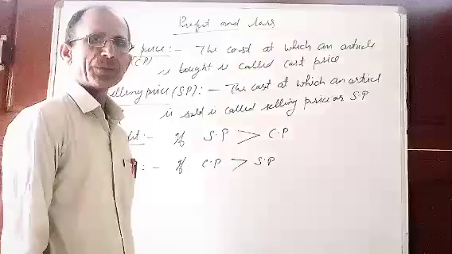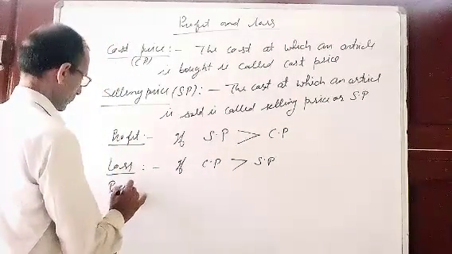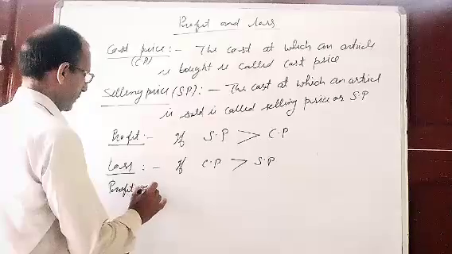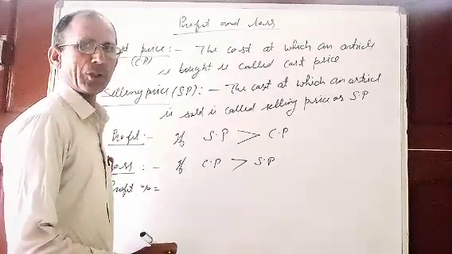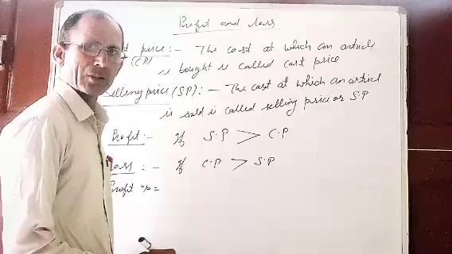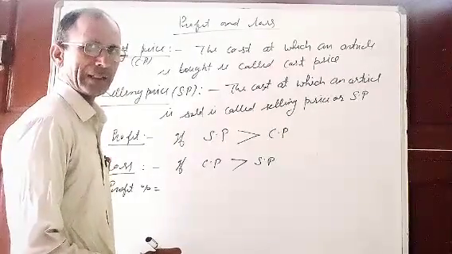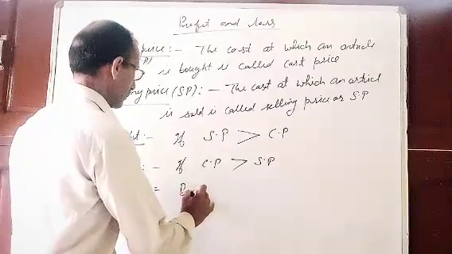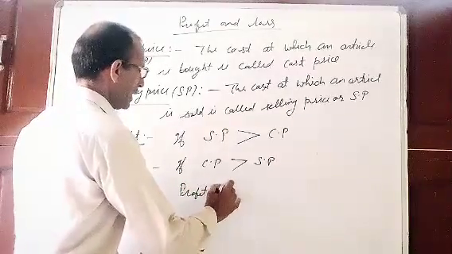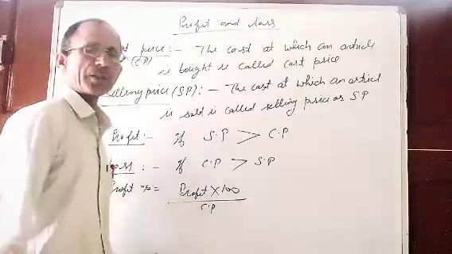So to find profit percent, for this one direct formula you can learn. Profit multiplied by 100 upon CP. So this is the formula.